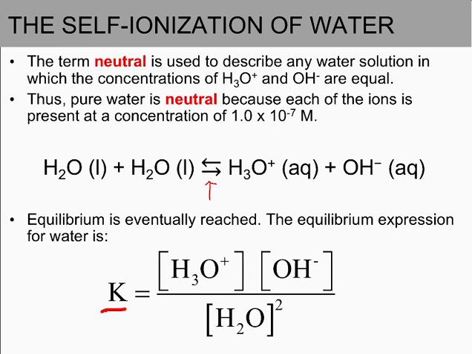And remember that to determine K, we take the concentration of the products and then divide it by the concentration of the reactants. So in the numerator, we have the concentration of hydronium ions multiplied by the concentration of hydroxide ions, and then we divide that by the concentration of water. But we do have 2 moles of water in our reactants, so we're just going to square the concentration of water.